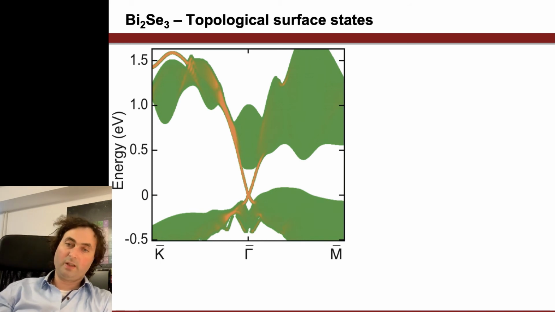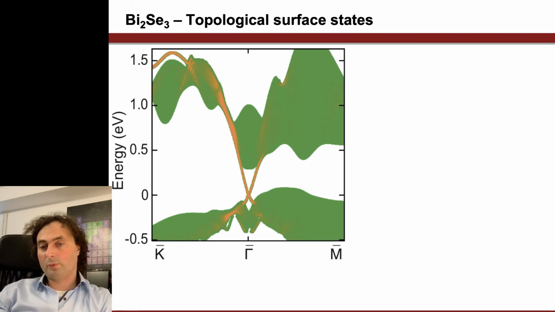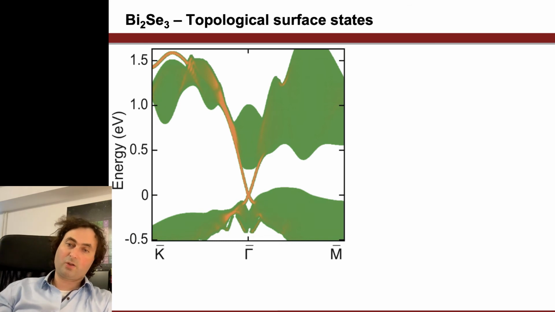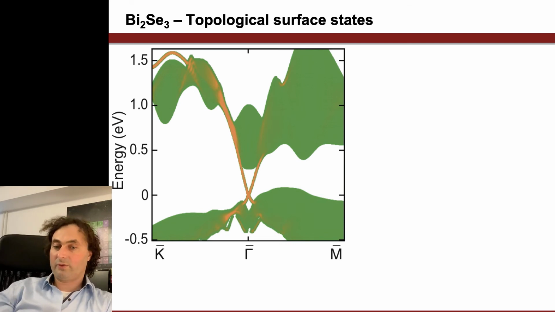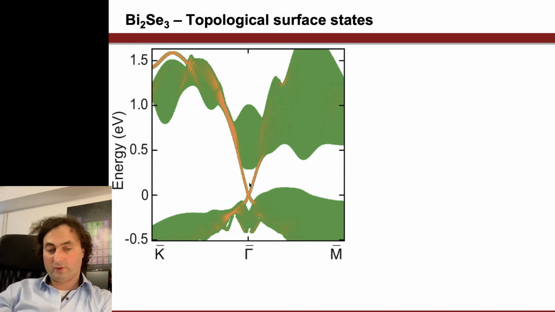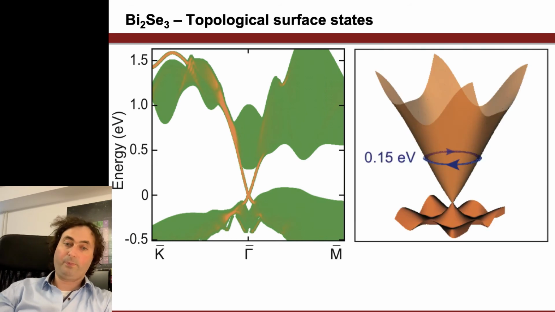Here in green we have the bulk states at the surface, so integrated over kz, and then in orange we have the additional states that you have due to the surface, or that are close to the surface, and we see that inside the gap there is this nice surface state forming, twofold degenerate at gamma, but away from gamma single-fold degenerate with a clear relation between the spin and the crystal momentum.